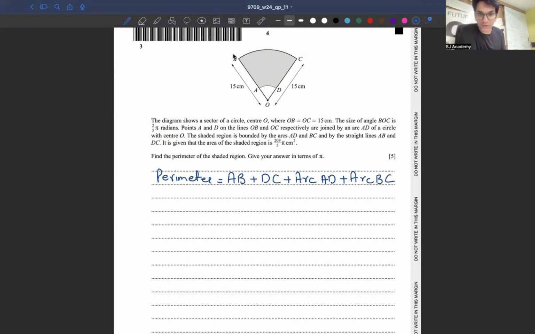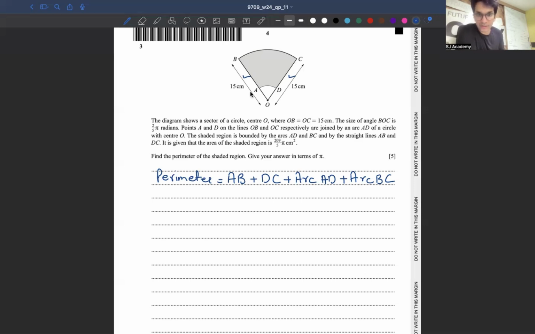Now, to find the length of AB, first we need to find the length of OA, and then we'll be able to find the length of AB as well. And once we have this length, we know that AB and DC will be equal. And then once we have this OA length, we can find the arc length AD as well. And then we can directly find the arc length BC using the formula s equals r theta.